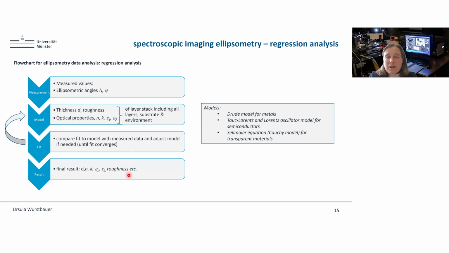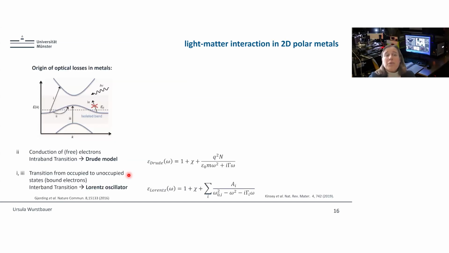And now the question is, how can we construct the models? Here I would like to briefly consider the functions and the physical meaning and relevance which contribute. In the case of metallic films, where we have free charge carriers like electrons, we have mainly two contributions.